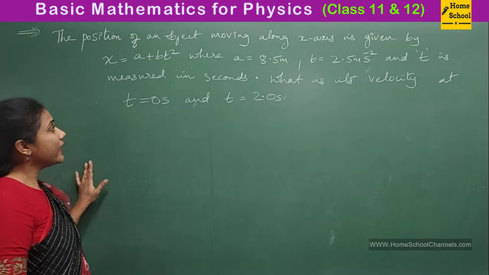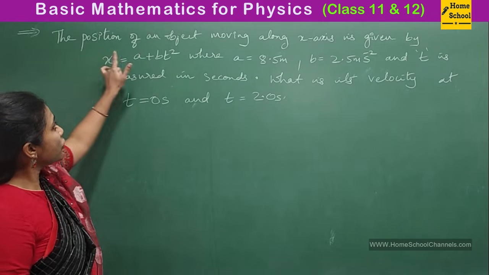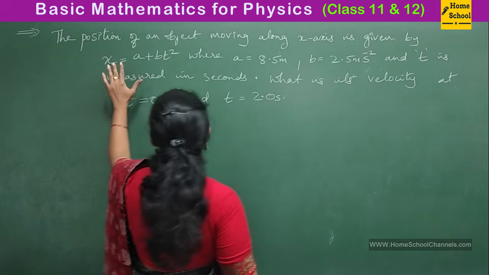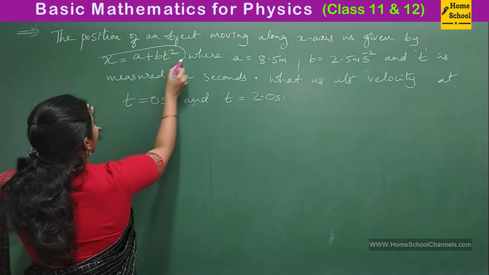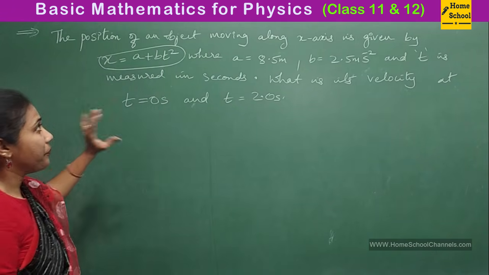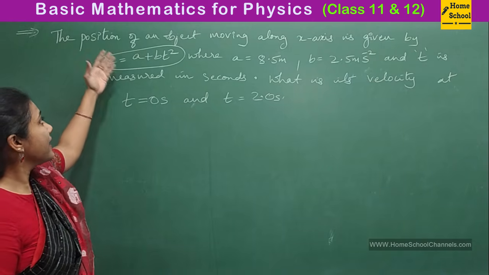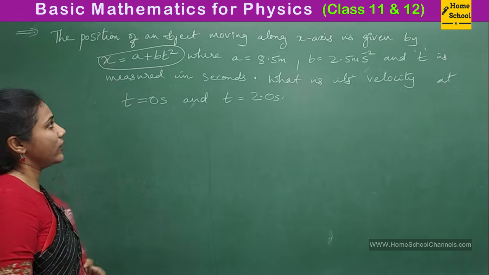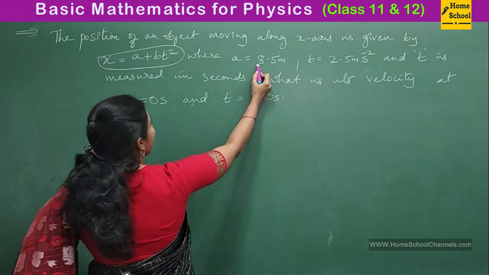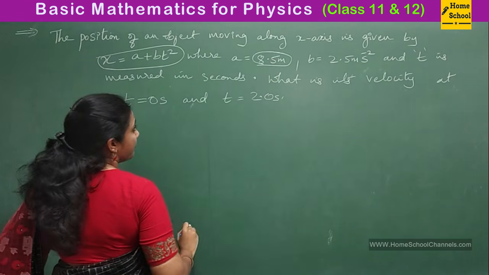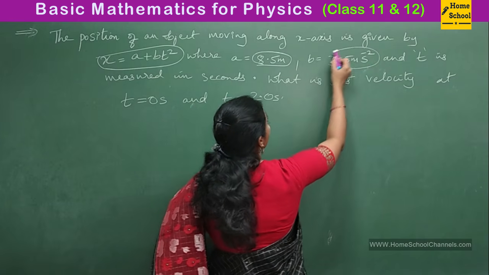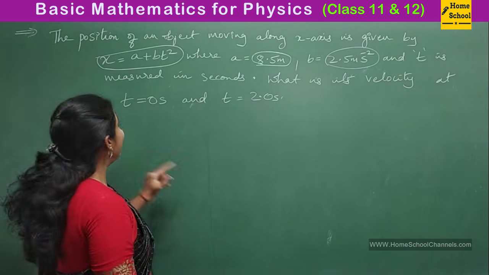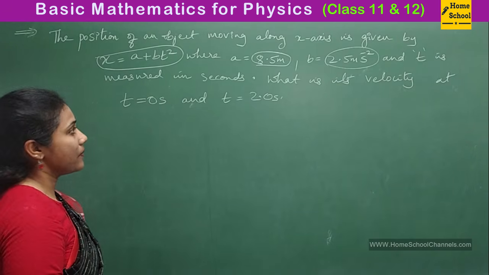See guys, look at this question. The position of an object moving along the x-axis is given by x is equal to a plus bt square, where a is equal to 8.5 meter, b is equal to 2.5 meter per second square, and t is measured in seconds.